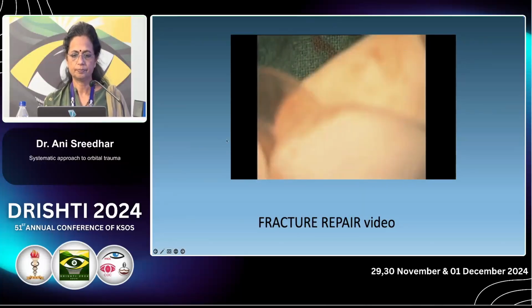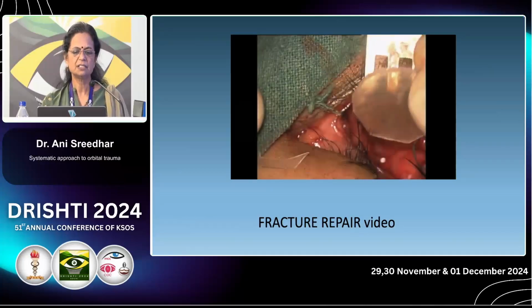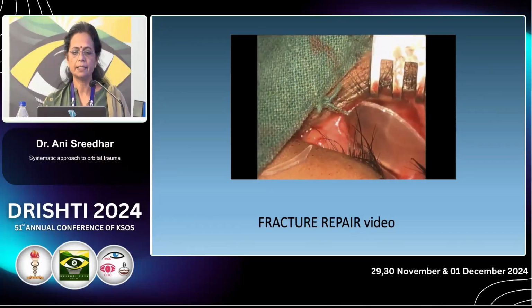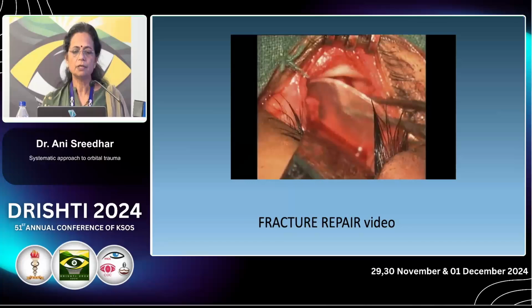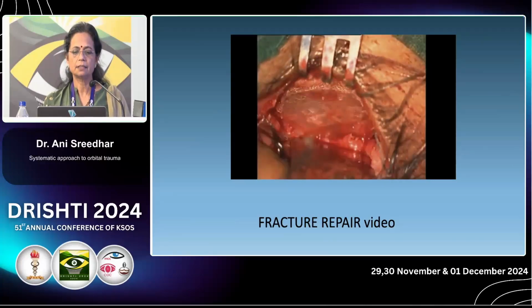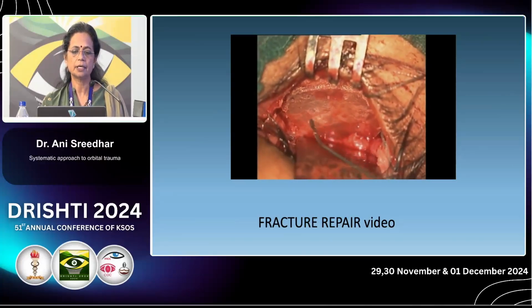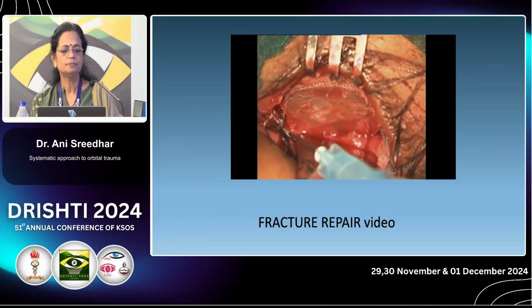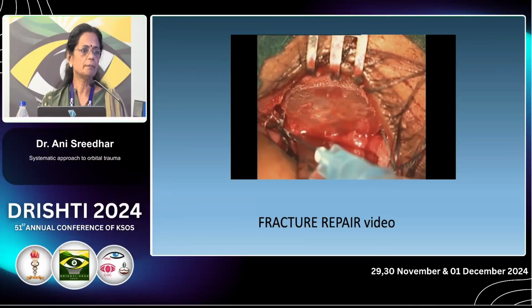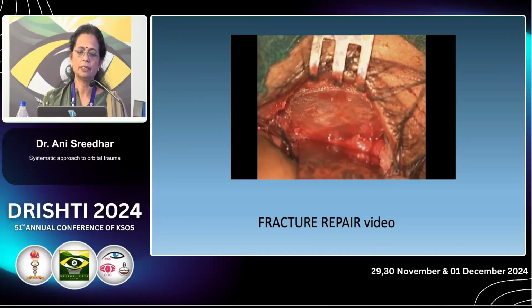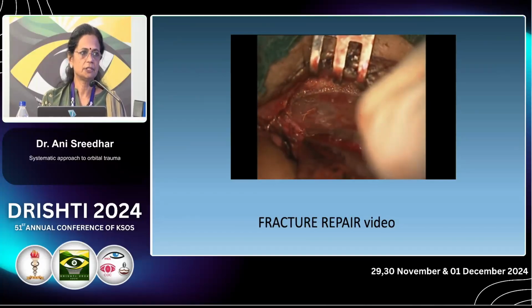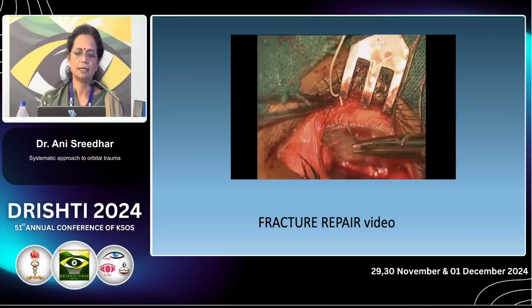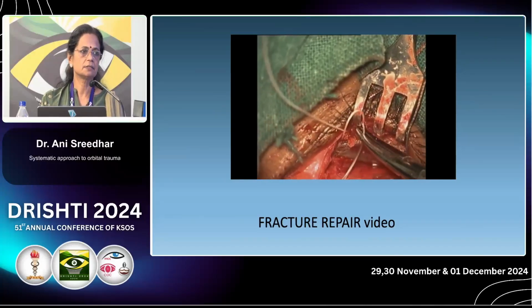The silicone sheet is a little rigid, you cannot bend it, so here I am using a glue to fix it also. Whatever implant you place in the orbit, cover it with the periosteum. Suture the periosteum well, so that it doesn't extrude.